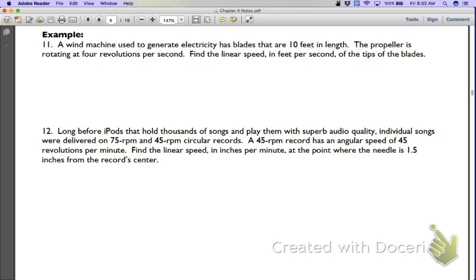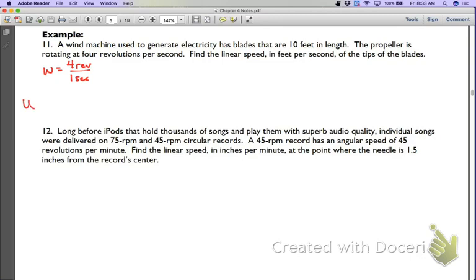So the first thing that I want to do is change omega and put it in terms of radians. It's really just going to look like a W, omega is equal to 4 revolutions per 1 second.